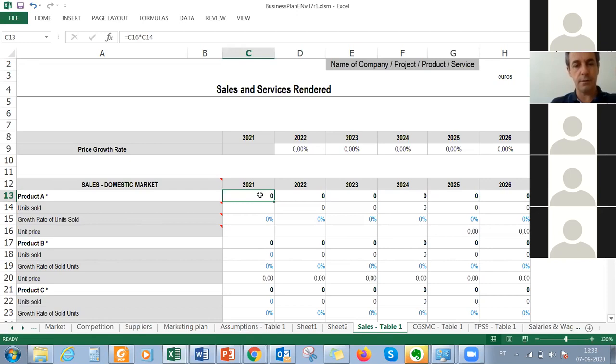In the first year, you plan to sell how many units? 100 units. And at what price? At 10 euros. This is the kind of guesses that students have to make.